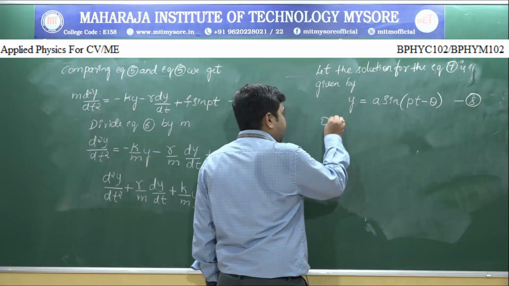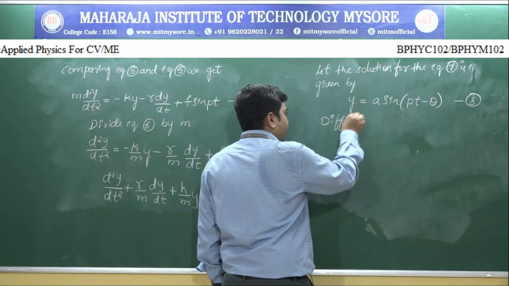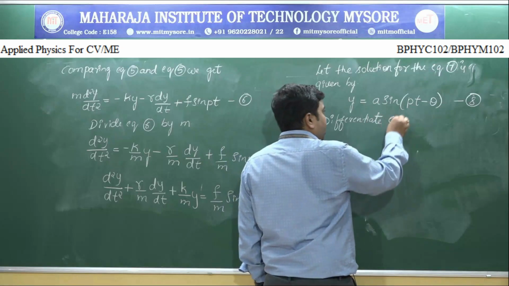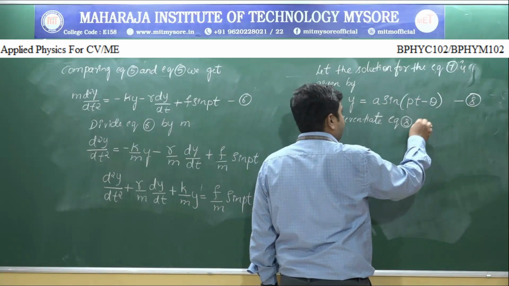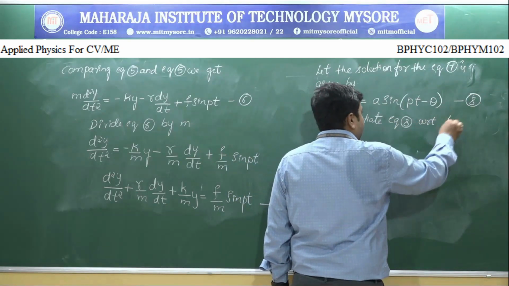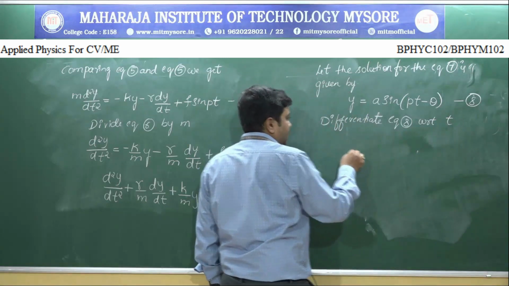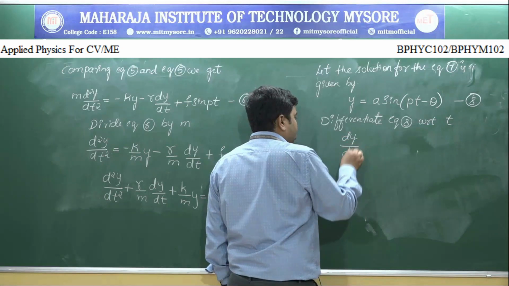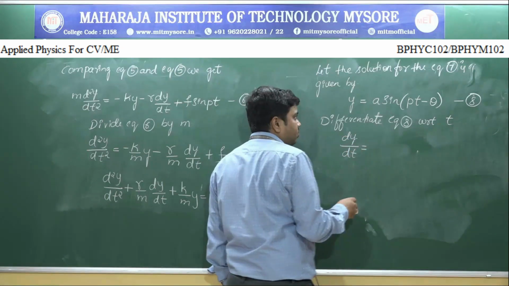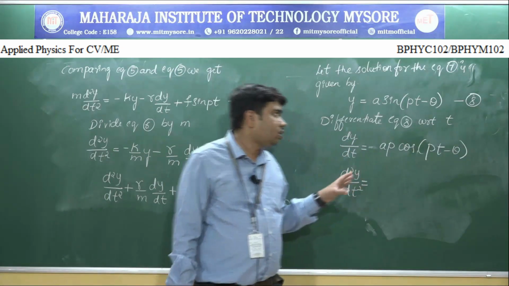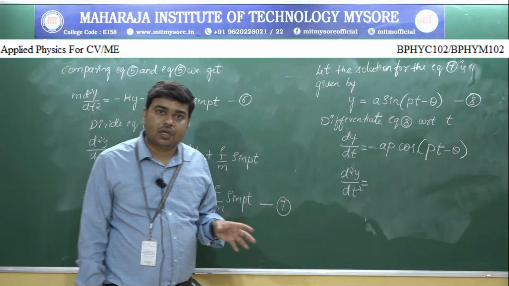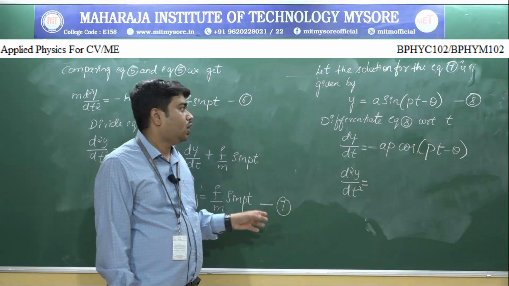So, we will differentiate equation 8 with respect to t. We differentiate equation 8 in order to obtain the amplitude as well as the phase of the forced oscillation.